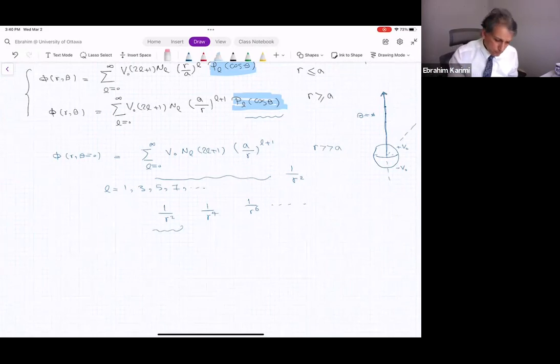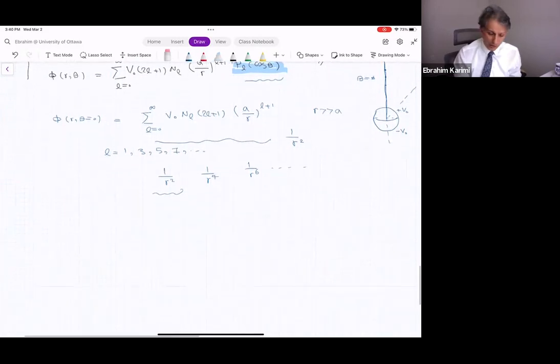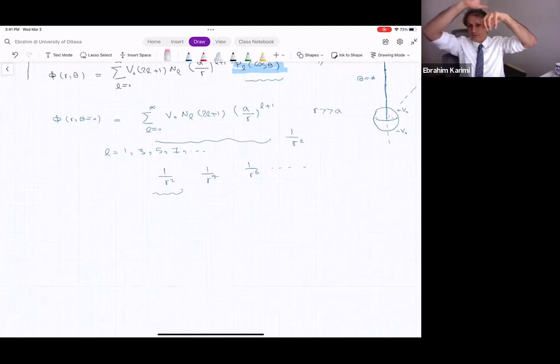Now, let me give you another problem. The potential on the surface of the sphere, which looked like it had a sudden jump from plus V0 to minus V0.